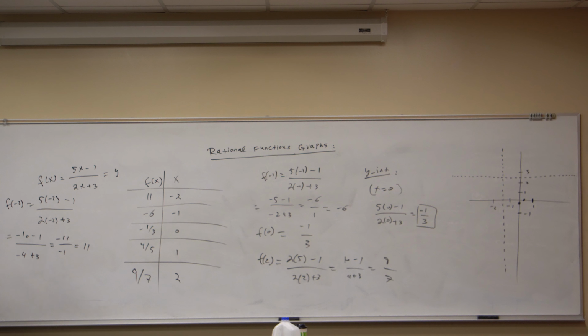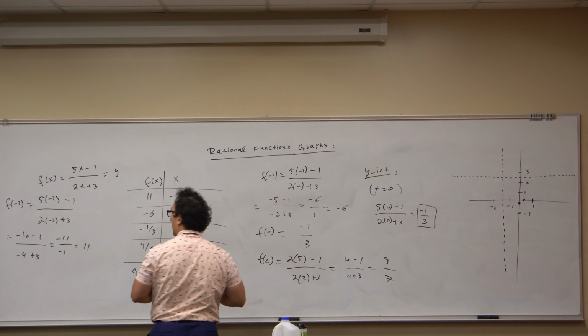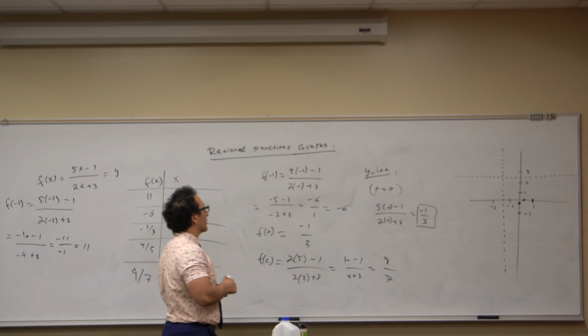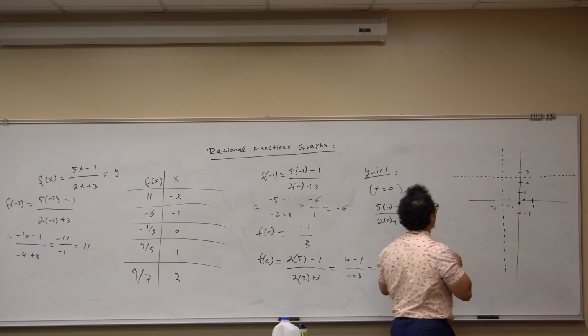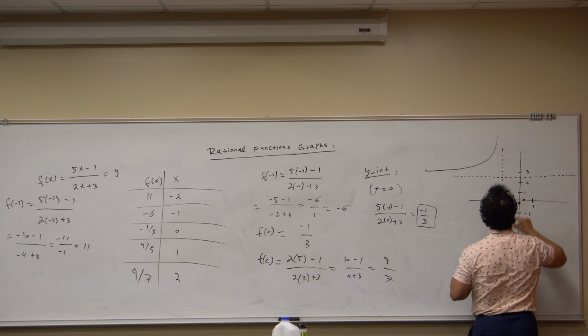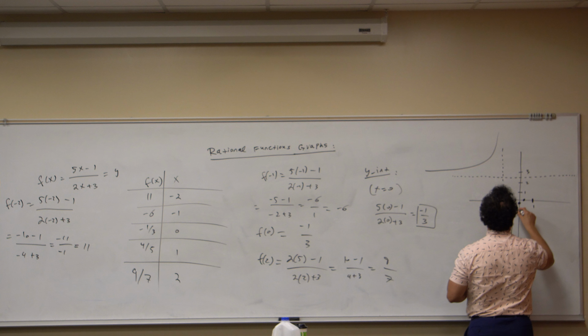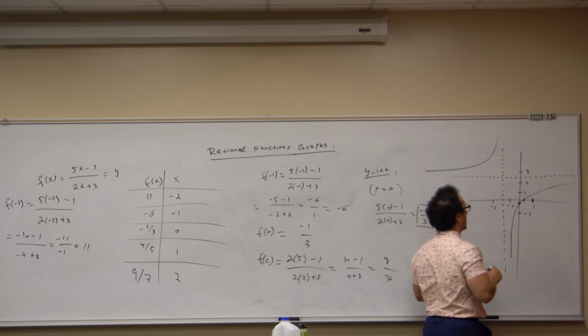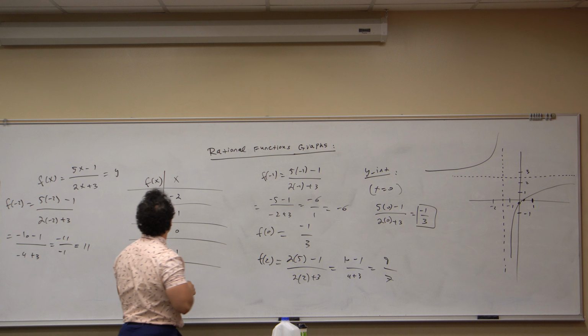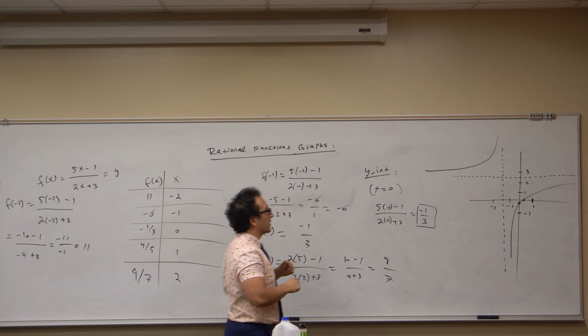Now, whenever you plot these points, you should get what your graph looks like, okay? What I'm claiming is your graph is going to look something of the form like this. And it's going to go through these 2 points. Why is it that I say that? Well, we can see numerically here that at negative 2, it's at 11.